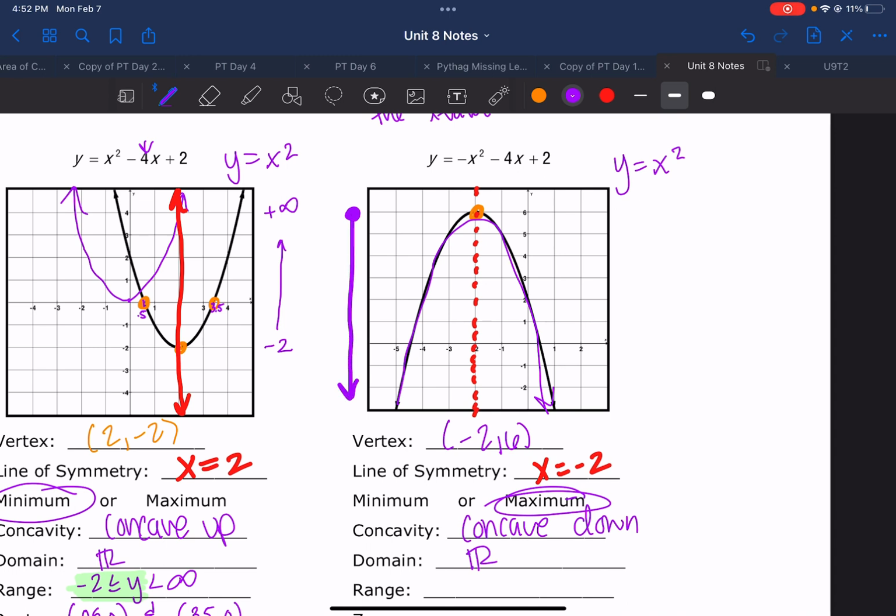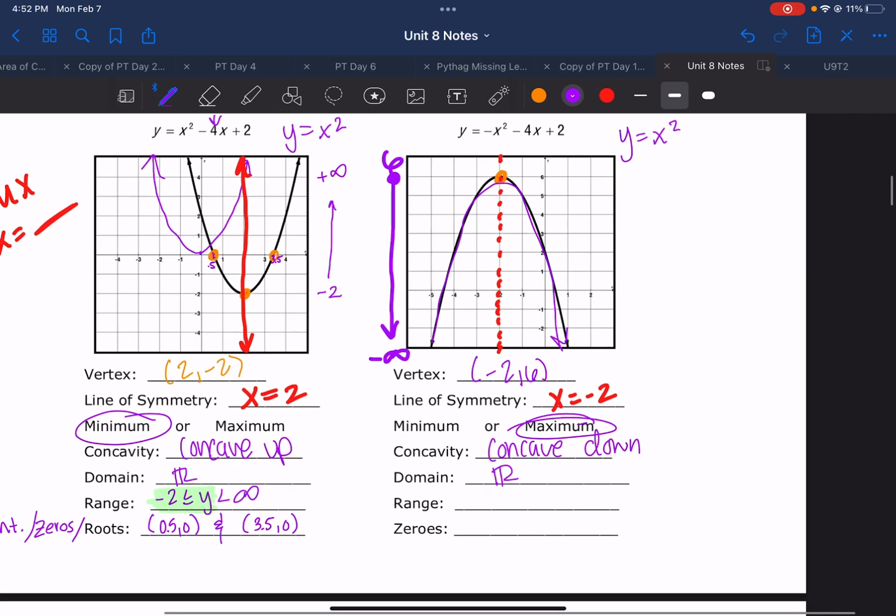This one up top is a +6 value, and then it goes down to -infinity. So that means your y values must be equal to or less than 6. I'm just going to write it without the infinity symbol this time. My y values must be less than or equal to 6 because they need to go all the way down.